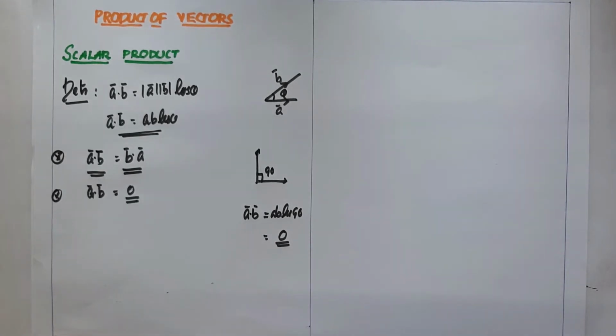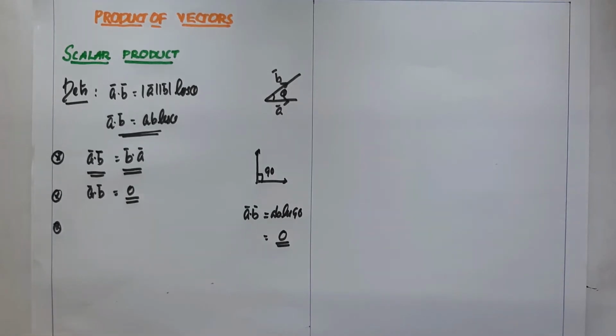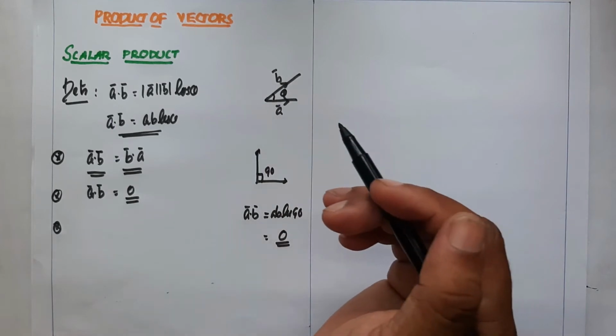If vector A and vector B are perpendicular, at right angles to each other, or orthogonal, then we use the same condition A dot B is equal to 0. In these three cases A dot B is equal to 0.